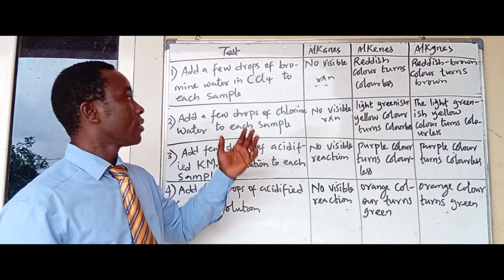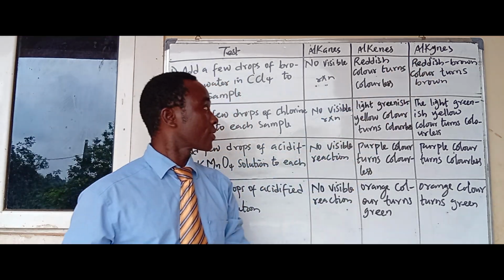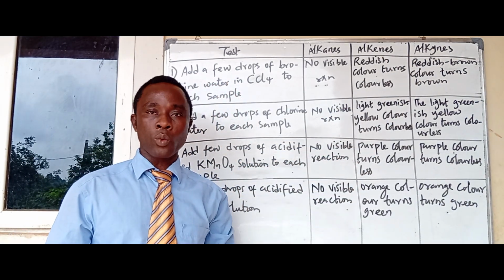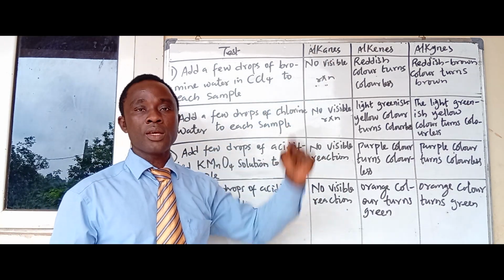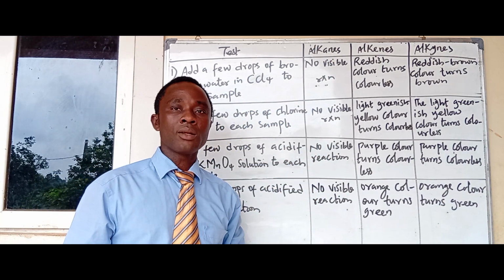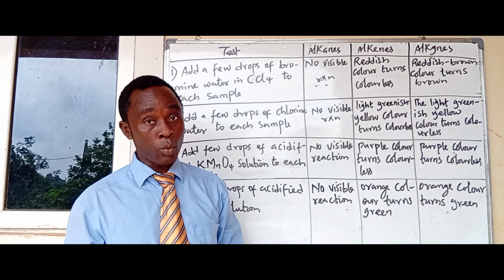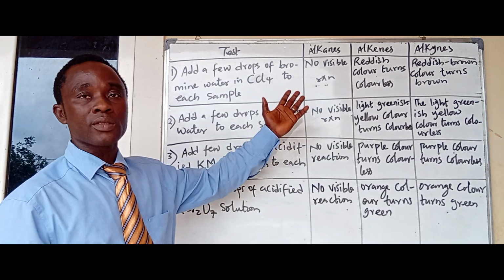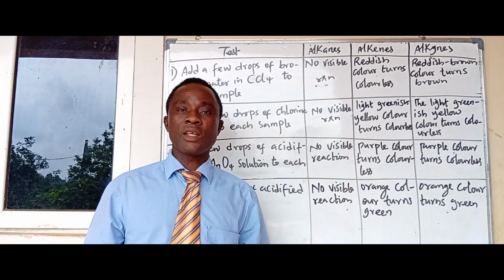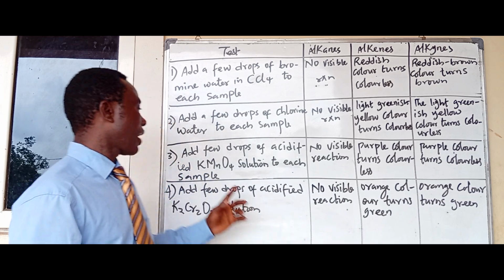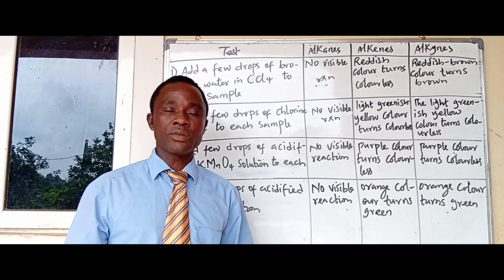So the unsaturated compounds, which are the alkenes and alkynes, can react with bromine water to decolorize it, while the alkanes, which are saturated, do not show any visible reaction with bromine water or chlorine water, and therefore cannot decolorize them.